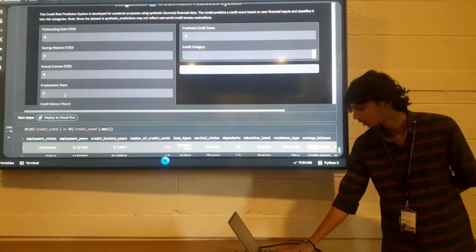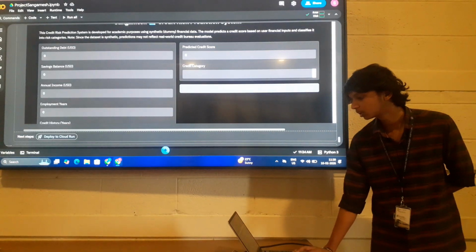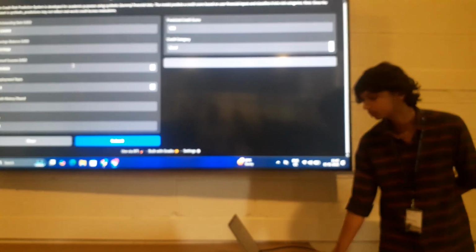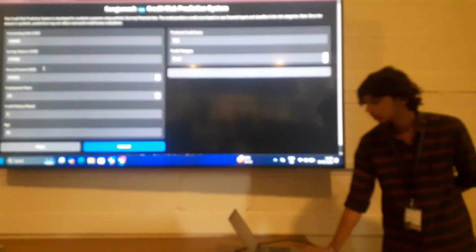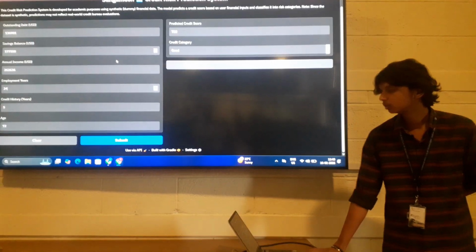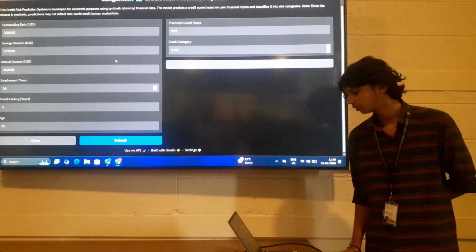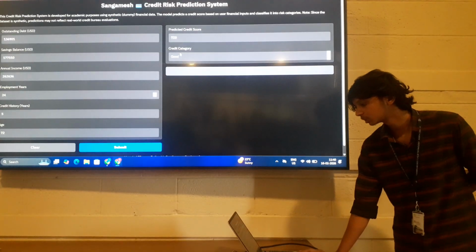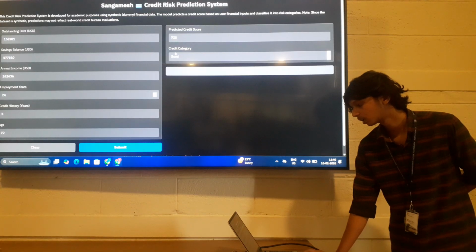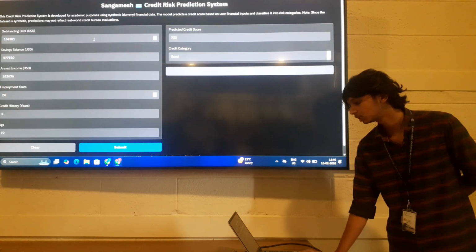After creating this, we can predict the credit score of the user, where we can see these all are the values which I have put previously. It shows that the credit category is good, and the predicted credit score is 723.